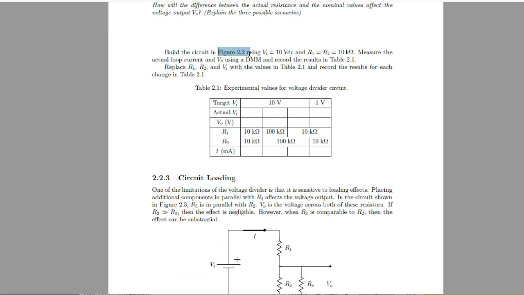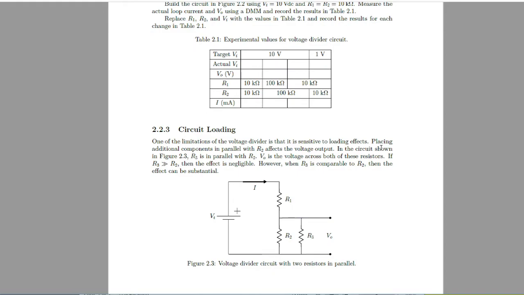Next you'll be still using figure 2.2, and we're going to ask you to calculate V out for some different given inputs, and then also calculate what the current would be. Again, for these different resistances and different input voltages.